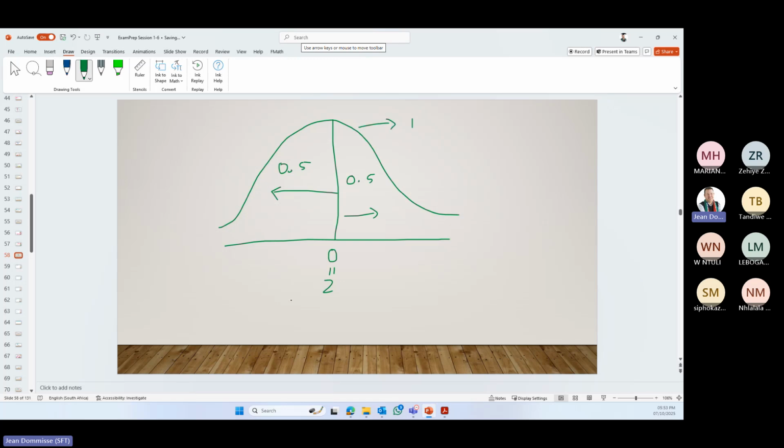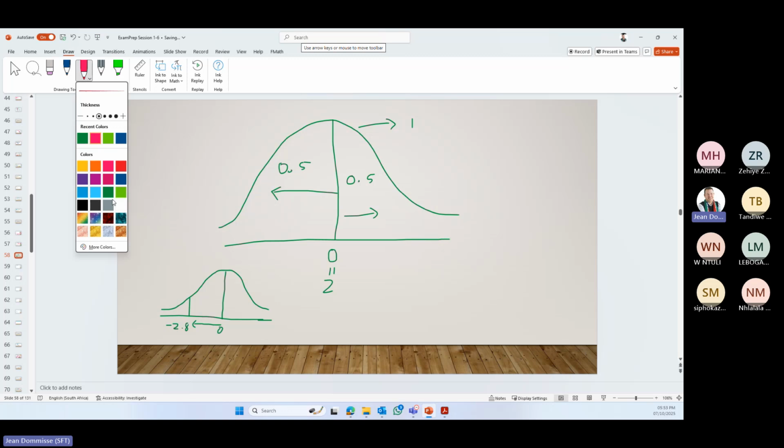Okay, so that is the way that on the other question we could say, if I need to get the answer that is smaller than 0 but bigger than minus 2.8, I need to get that area.